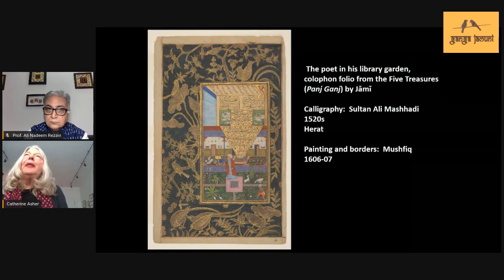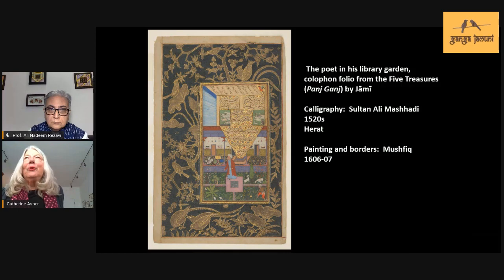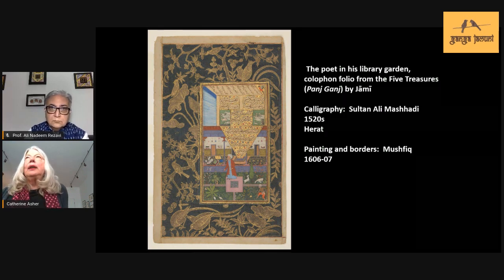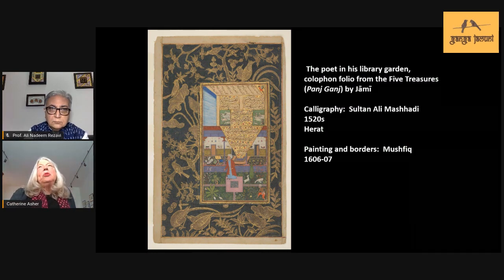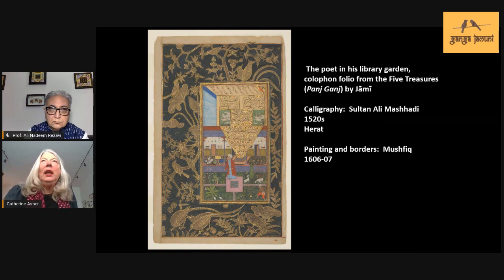Another page from his great manuscript, the colophon page, that is the page that gives us historical information, tells us that the name of the calligrapher in the early 16th century was Sultan Ali Mashhadi, and that it was made in the city of Herat. Then we learn that the borders and the paintings were done almost 100 years later in 1606-7 by an artist by the name of Mushfiq.